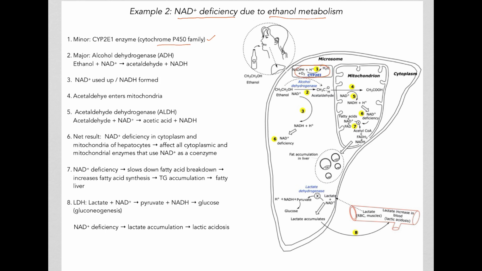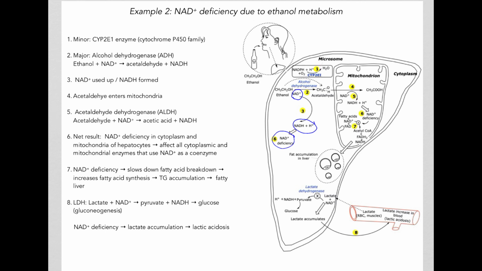But the major pathway by which alcohol is metabolized is by the enzyme alcohol dehydrogenase, which converts ethanol into acetaldehyde, and NAD is required, and the NAD becomes NADH. So basically, NAD is used up to metabolize ethanol, and NADH will accumulate.